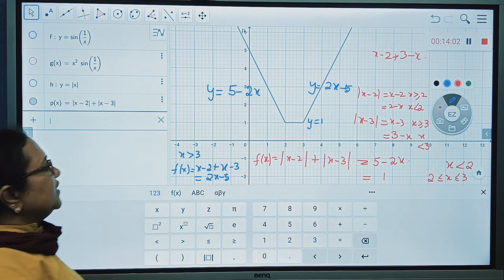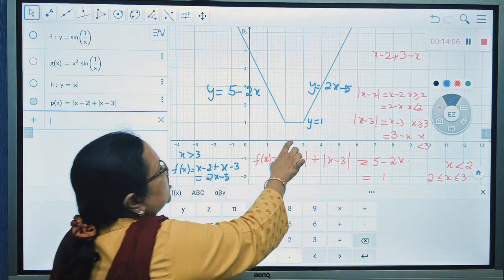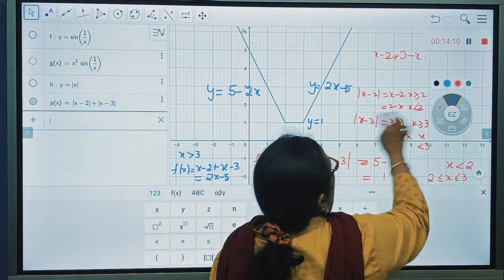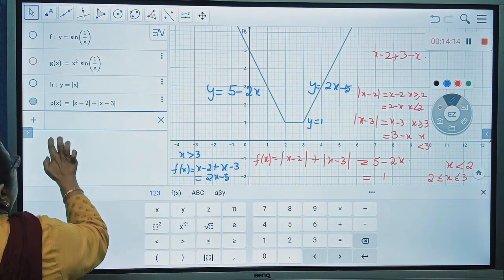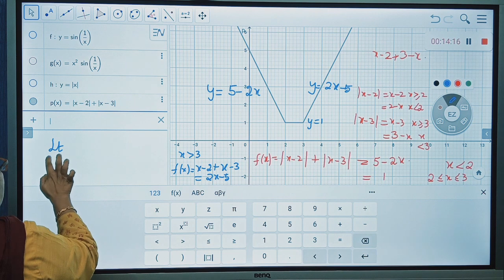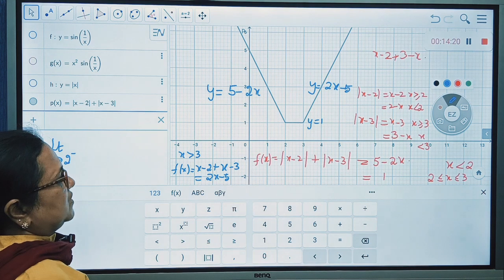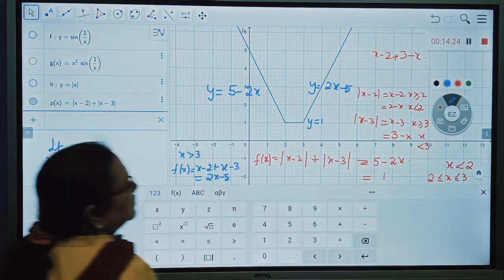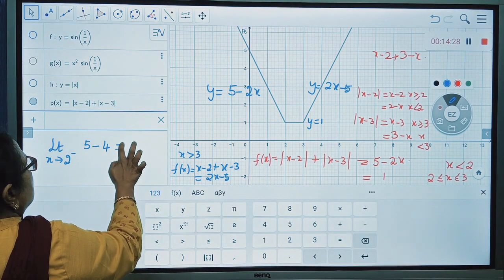Even otherwise, we have also discussed the continuity. What will happen to the limit as x tends to 2 minus? Limit x tending to 2 minus of f of x will be what? I have to substitute 2 here. So 5 minus 4, which is 1.